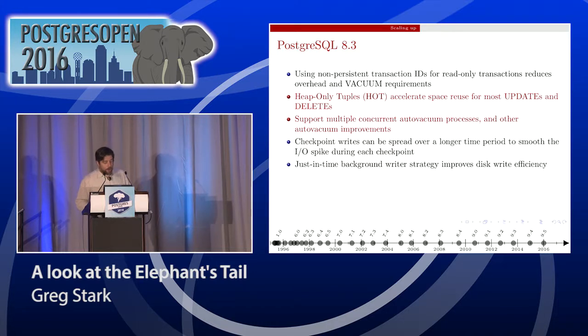The multiple concurrent auto vacuum processes, because prior to 8.3, there would be one auto vacuum process, and it would run automatically when needed. And very often what people found, especially as they scaled up to larger and larger databases, and hardware was changing, use cases were changing, design was changing, was that they ended up with one or a small number of very large tables that received few updates, and a large number of small tables that receive frequent updates.